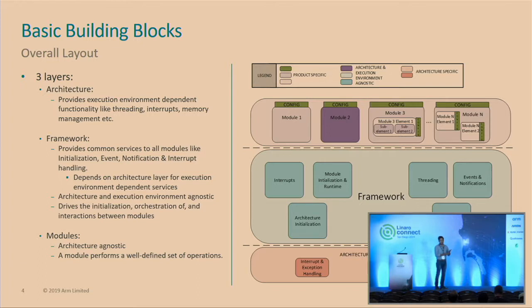We have reference implementations for Juno, for N1SDP, and hopefully that should cover enough of your use cases to do whatever you want. We also have some upcoming reference implementations for some of the products, for the STM32, that are still to be merged, but those will also come online and you'll be able to see them later. So that's how it's overall organized.